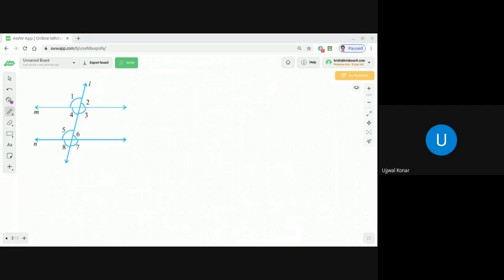Before I proceed further, you can draw two parallel lines. How? You can take a scale, and along each edge of the scale you draw a straight line.